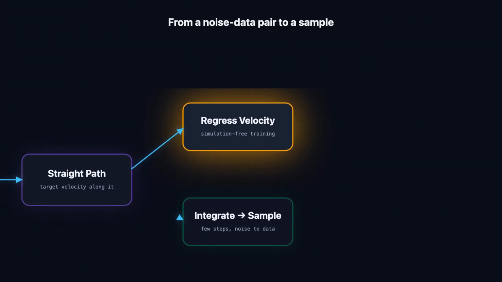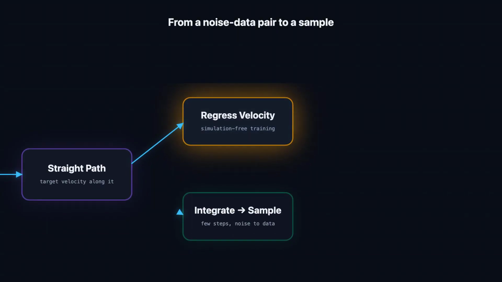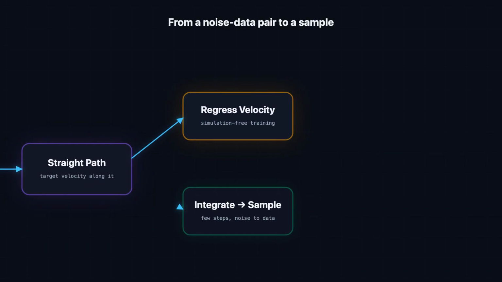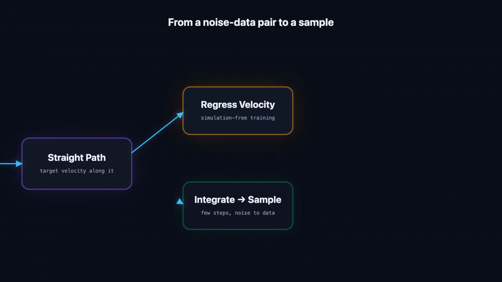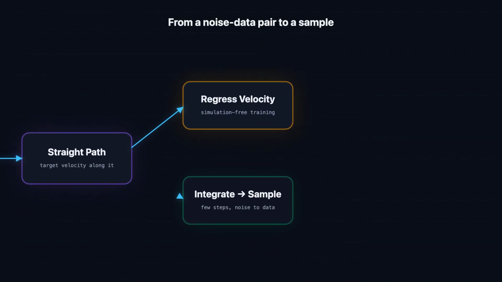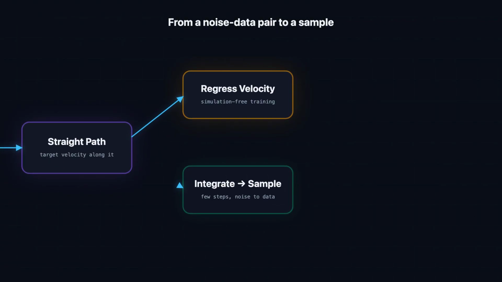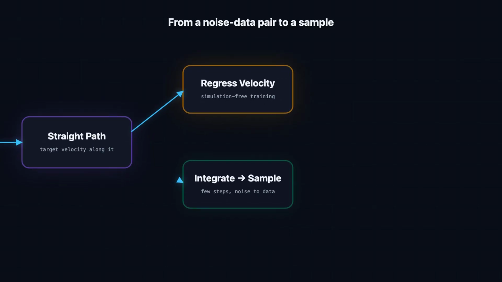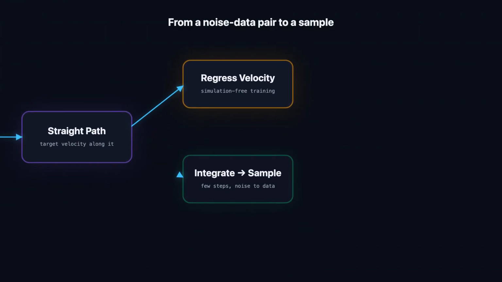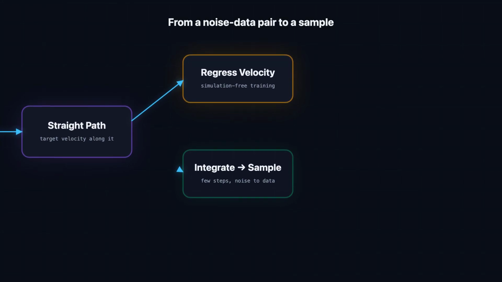Now you train. The model looks at a point sampled along that path and tries to predict the target velocity there. It's plain regression, matching predicted vectors to target vectors, and crucially, it never has to run the full trajectory during training. You just probe random points and correct the model.